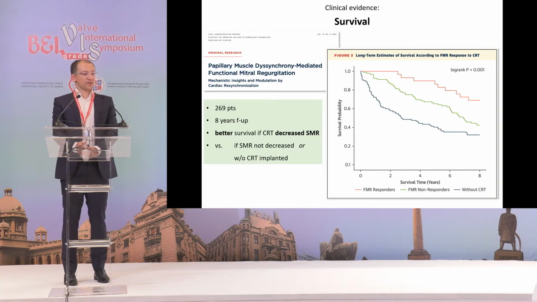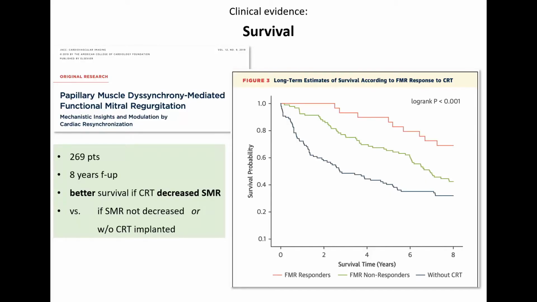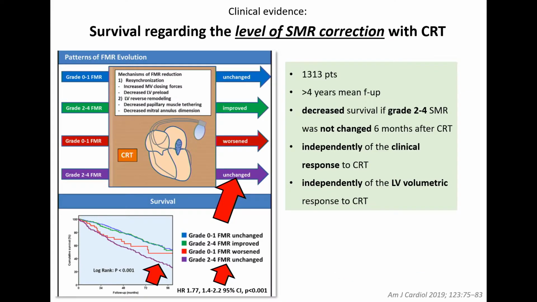Sad, da ne bude da nismo počeli od first things first, ovde svakako first thing, kad se gleda klinički dokazi, jeste preživljavanje za sve studije, za sve tehnike. Evo jedne relativno velike studije, 1070 bolesnika sa izrazito dugim, nestandardno dugim follow-upom za CRT studije, koja je pokazala bolje preživljavanje ako je CRT smanjio sekundarnu mitralnu regurgitaciju u odnosu na situaciju gde se to nije desilo ili gde CRT nije bio implantiran.